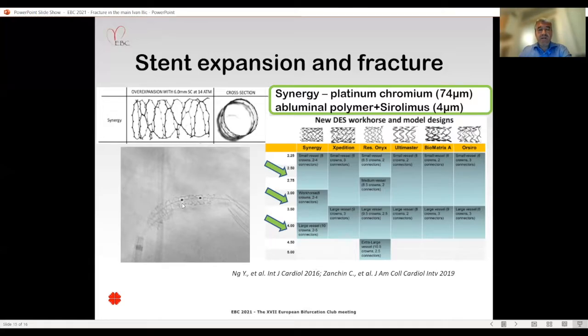As in bench study, this stent can be expanded up to 6 millimeters, but what can be compromised is the radial strength and adequate scaffolding of the very calcified left main in this situation.